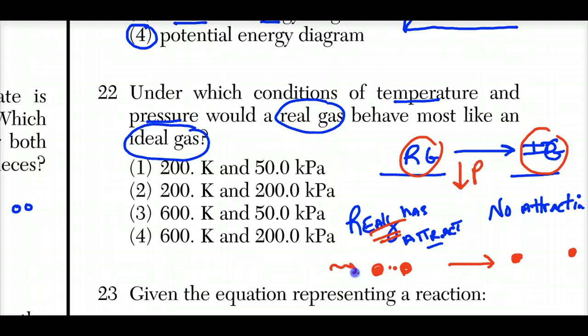The pressure is pushing them closer together, so if I lower the pressure, they'll separate. And I'm going to increase the temperature so that they have enough kinetic energy, or they're going so fast they don't have any time to attract. So I'm looking for the lowest pressure and the highest temperature. And that's how I come up with choice 3. Number 22 is choice 3.